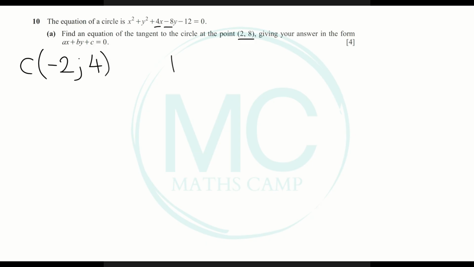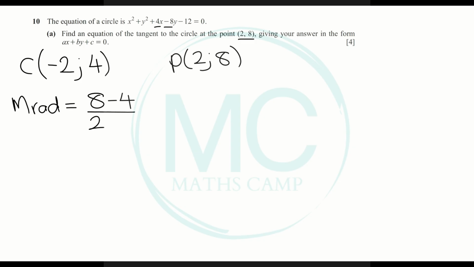And we also have point (2, 8). Now we can use this to find the gradient of the radius. Let's say the center is our first point and (2, 8) is our second. So the gradient is 8 minus 4 over 2 minus negative 2, which gives us 4 over 4, which is equal to 1.